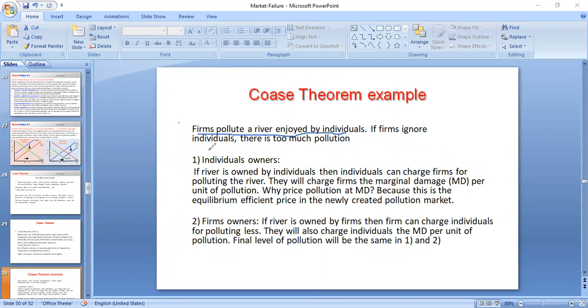Those are the two parties: the individuals fishing from that river, and the polluting farm.